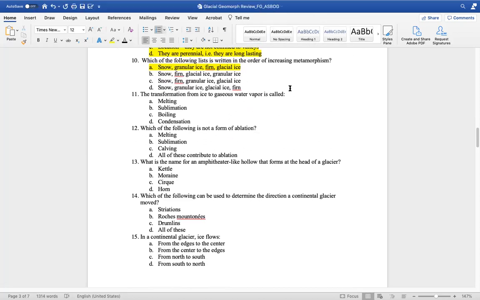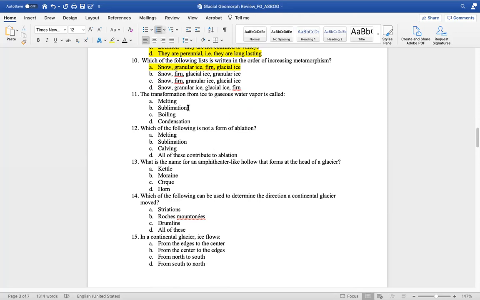All right, the transformation from ice to a gaseous water vapor is called, so it's not melting, that's ice to water. Boiling, that's water to gas. Sublimation is what we're looking for here.